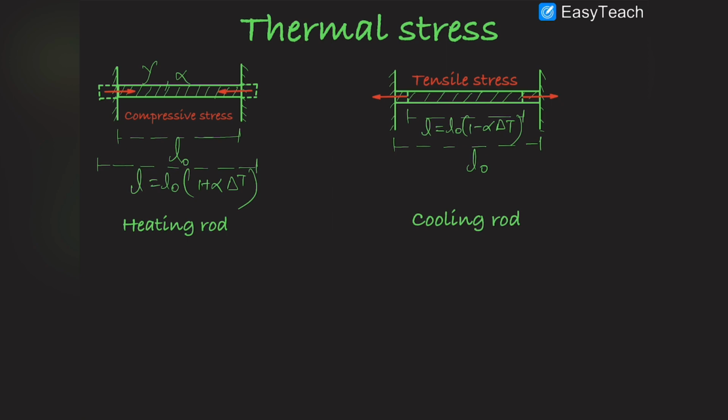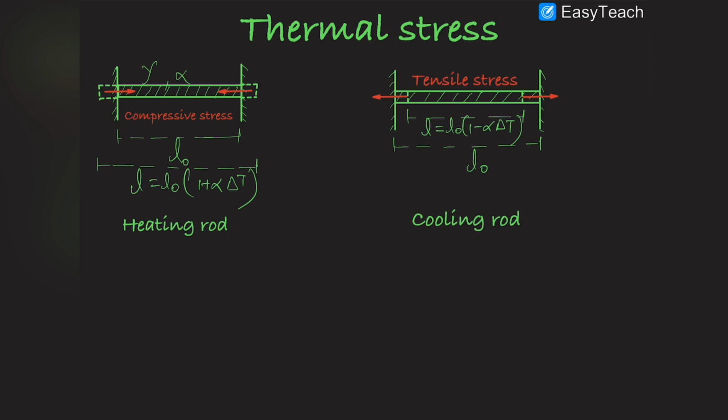So you can see that there is a rod which is clamped between two walls, and it is rigidly clamped, which means that this rod is welded or joined to these walls. The length of this rod is L0 and its coefficient of linear expansion is alpha, and gamma is the Young's modulus.